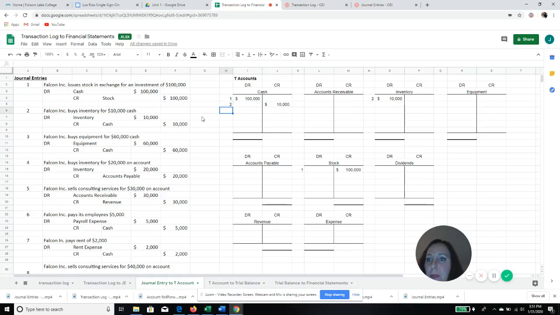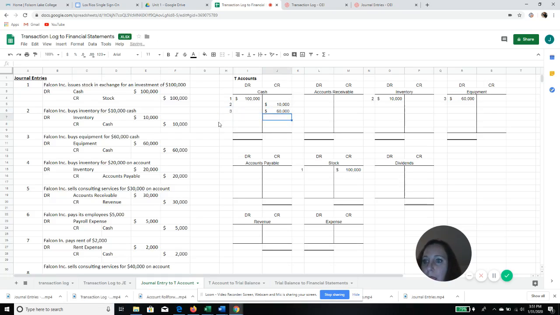So I'm going to put transaction 2 and I'm going to put 10,000 on the credit side of the cash T account. Transaction number 3, we bought equipment for 60,000 cash. We debited equipment for 60,000. So transaction 3, I'm going to put 60,000 on the debit side of the equipment T account. And I'm going to put 60,000 on the credit side of my cash T account.